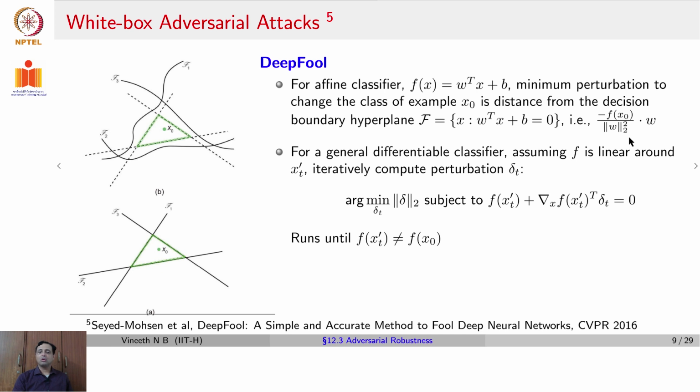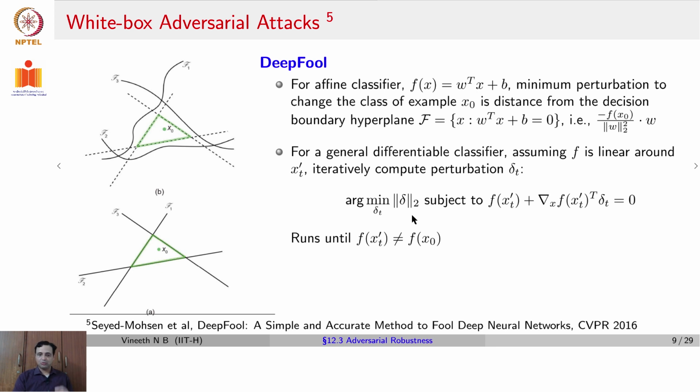In general, for a more general differentiable classifier, this method assumes that f, or the decision boundary, is linear around that particular point, and hence it tries to compute a perturbation which minimizes the 2-norm of the perturbation, subject to the assumption that the perturbation is in a linear, local neighborhood of that point xt with respect to the decision boundary. But now you keep running this iteratively until the decision on xt prime changes from x0.